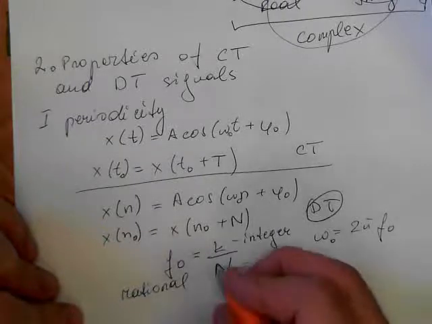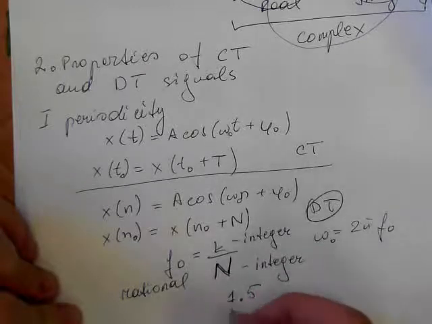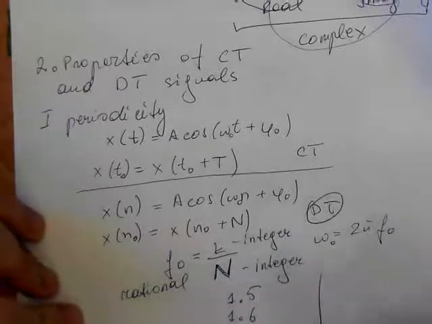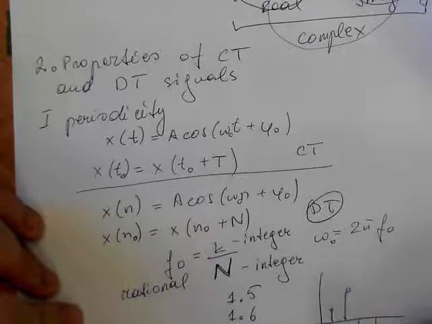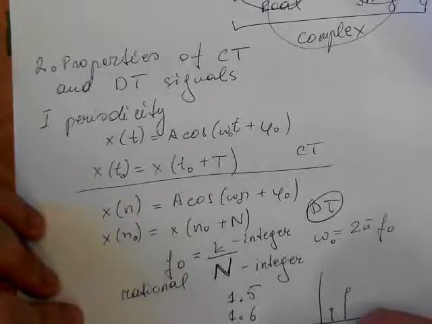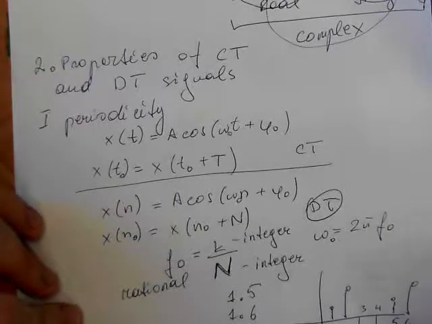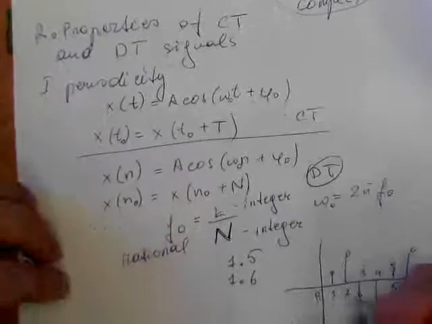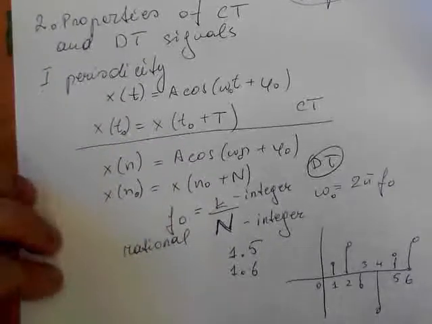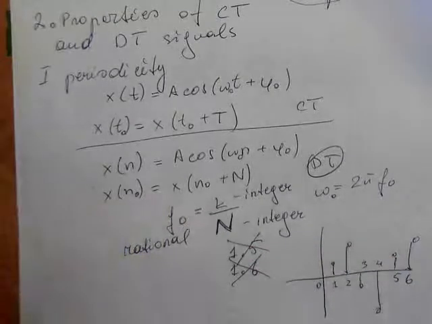We cannot have period N be 1.5 or 1.6, because if you remember, in a discrete signal we have only 0, 1, 2, 3, 4, 5, 6. We don't have numbers with dots. So this is wrong for discrete time signals.